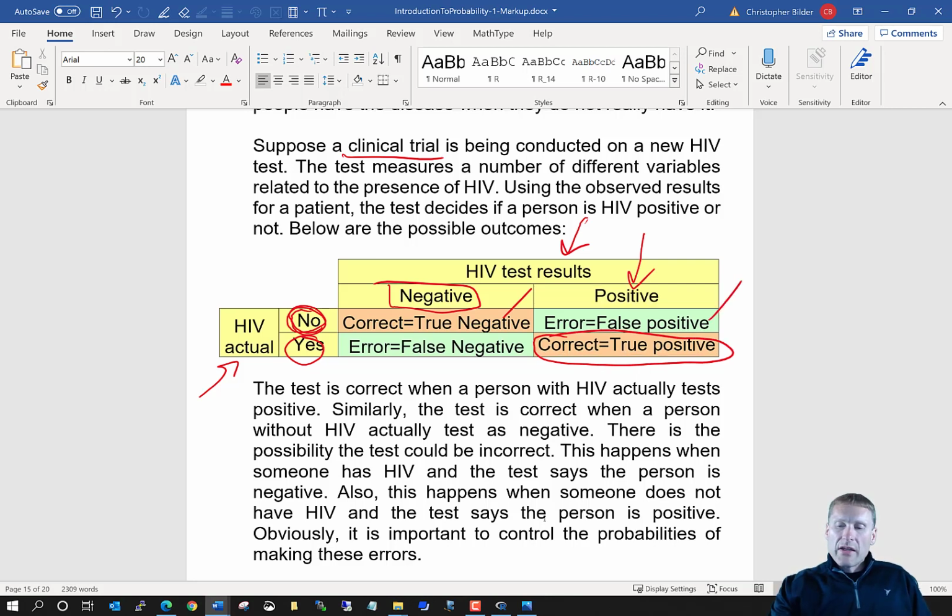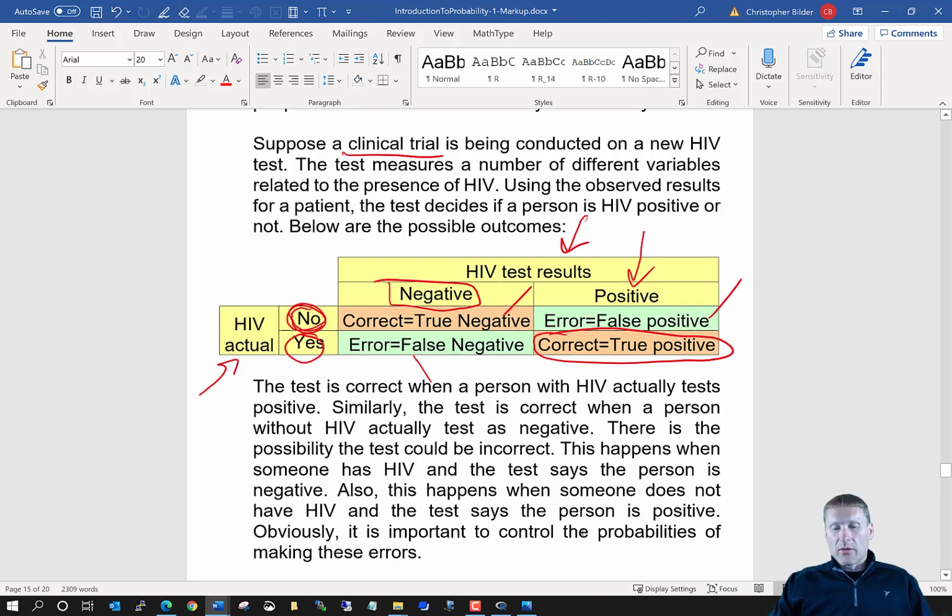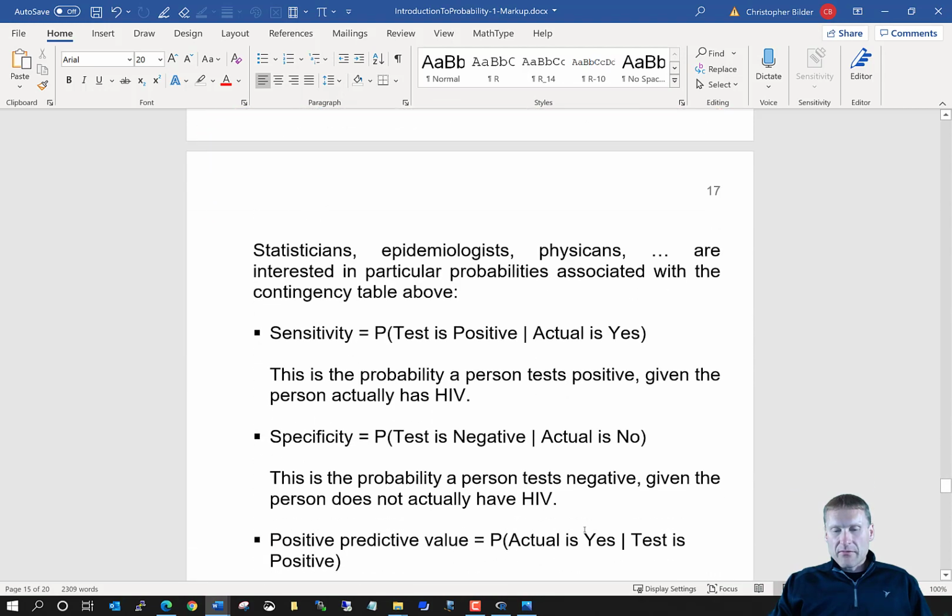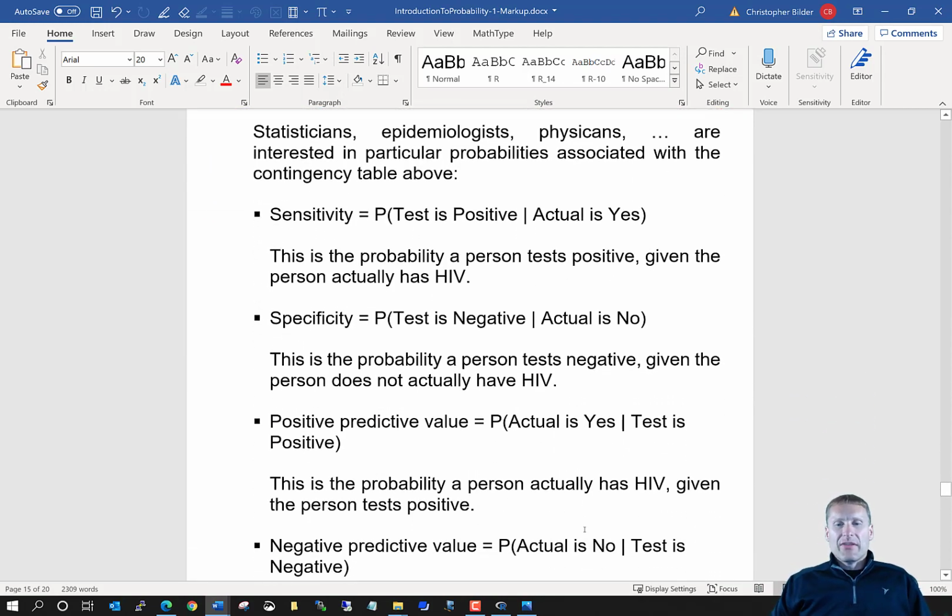Now, what we see here also are these false positives and false negatives, which again we want to minimize the probabilities that those occur. So statisticians, epidemiologists, and physicians are all interested in probabilities corresponding to that table, relative to conditional probabilities.